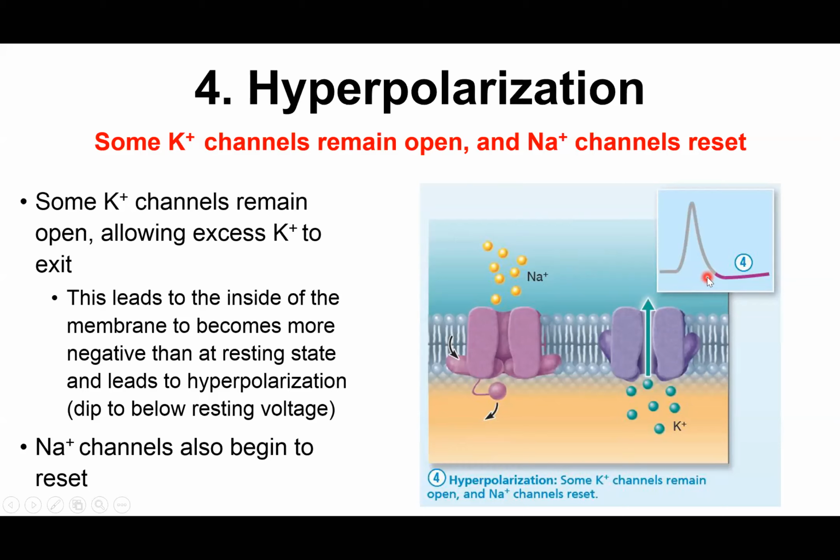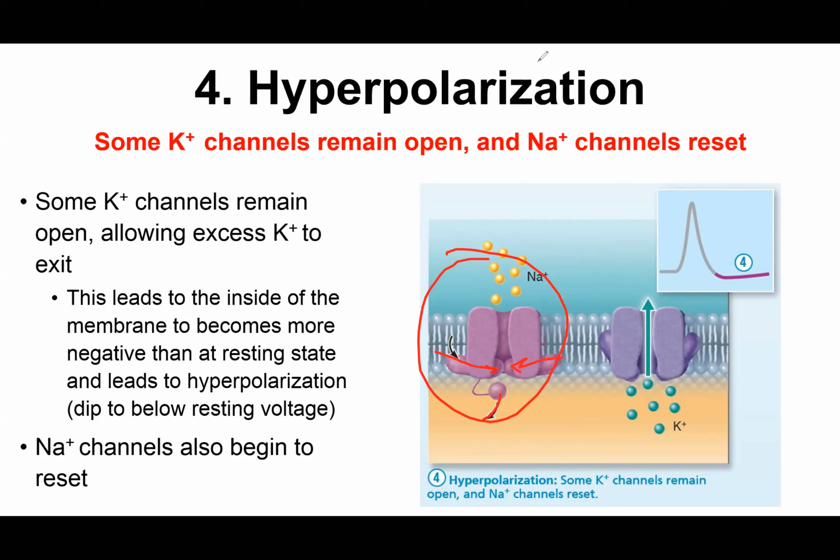During hyperpolarization, we have some of these potassium channels remaining open. And at the same time, that's when the sodium channel is going to reset. So we see now the sodium channel is resetting. We move the inactivation gate down out of its place. We close our locking gate.